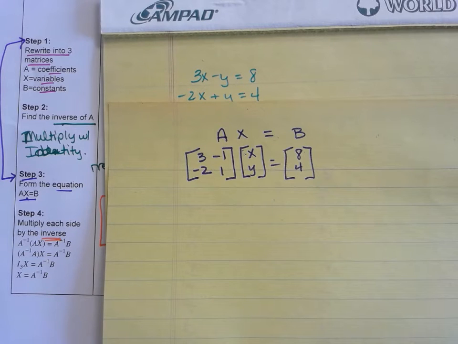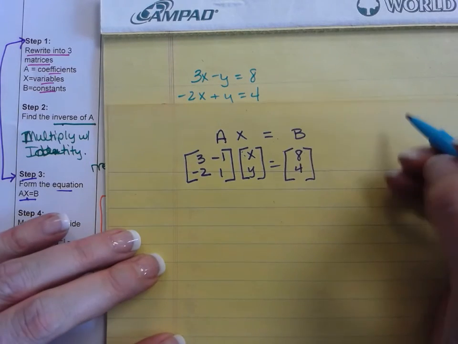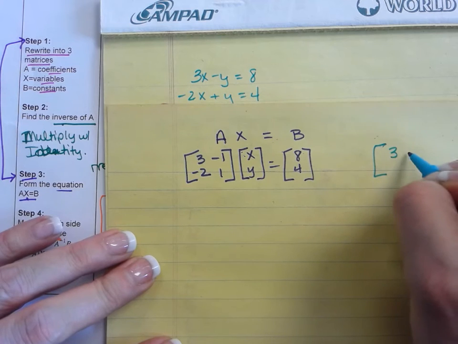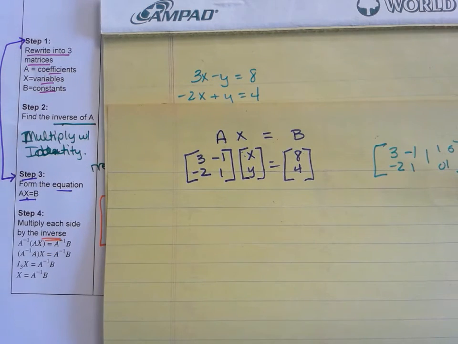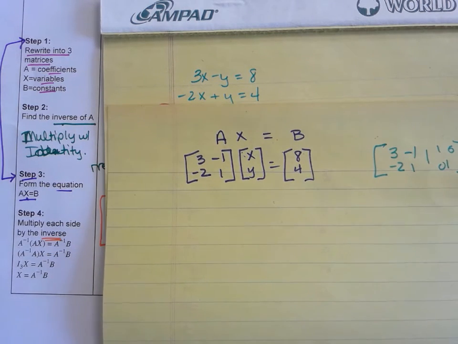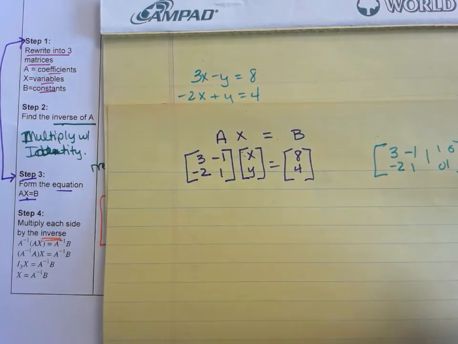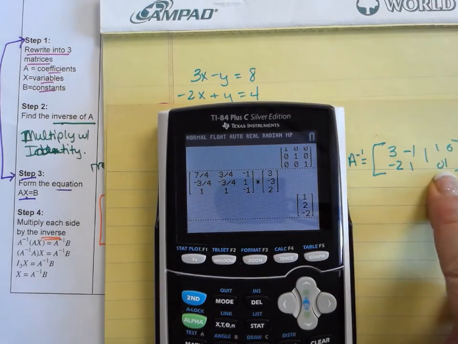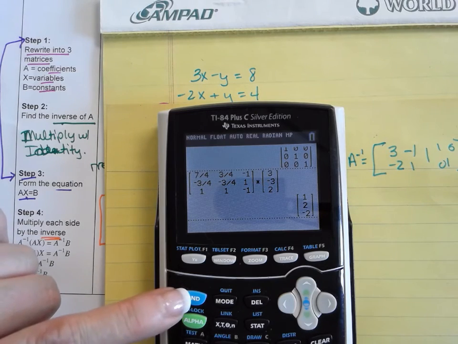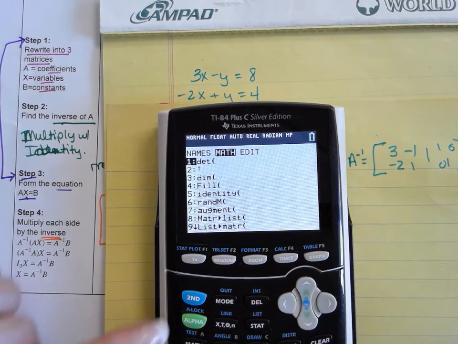All right, my inverse is going to be my reduced row.